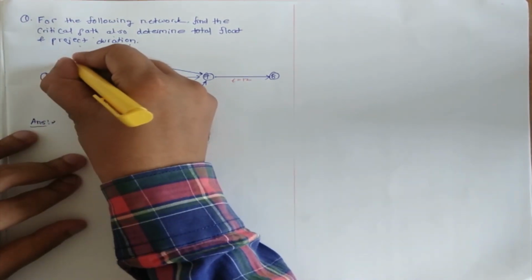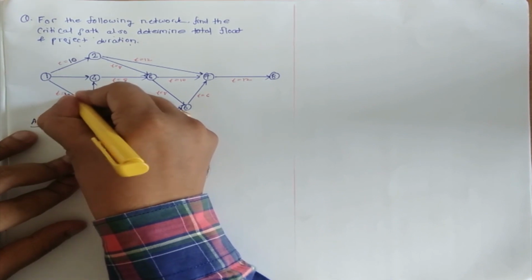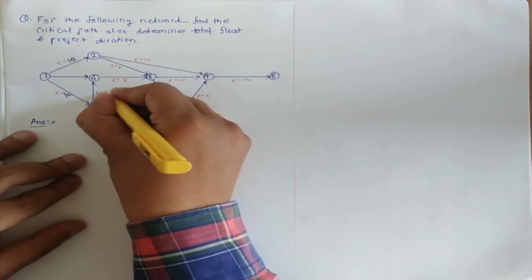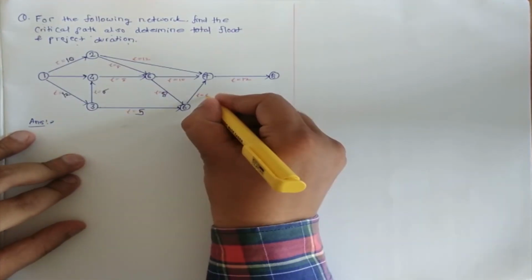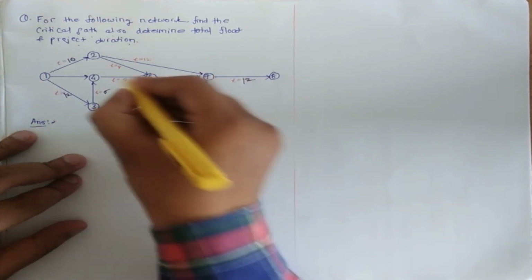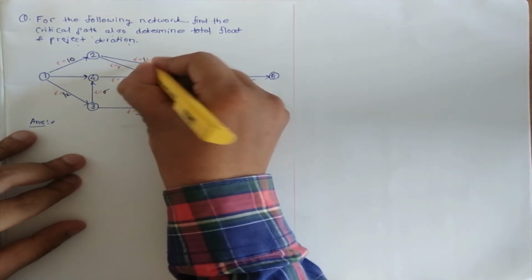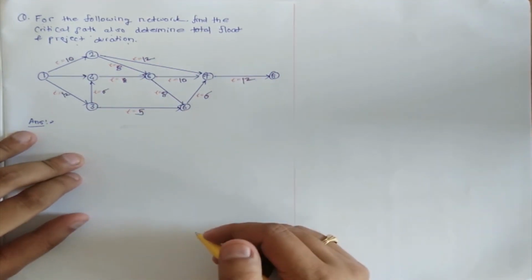So I'll write it again: 10, 12, 6, 5, 8, 6, 12, 10, 8, 12, 8. Okay, so it is given.